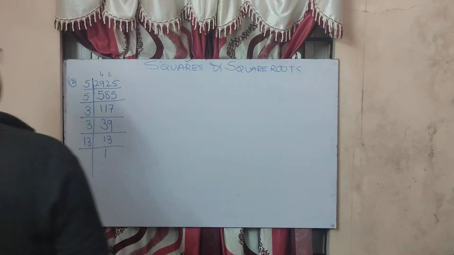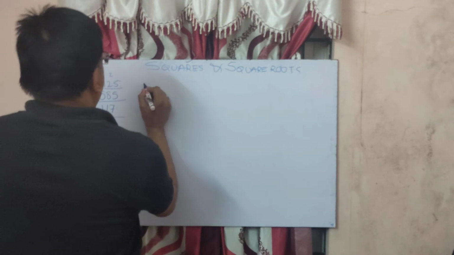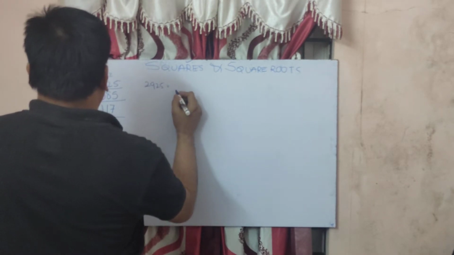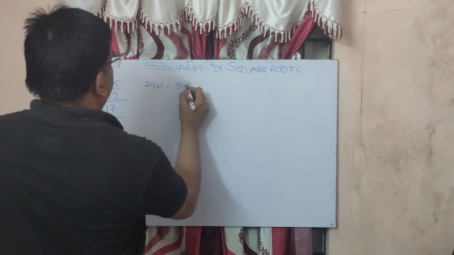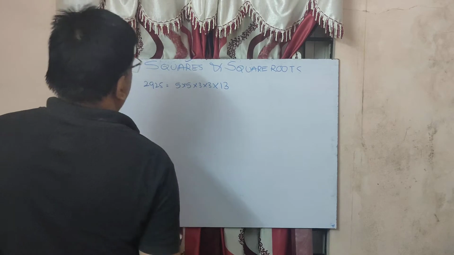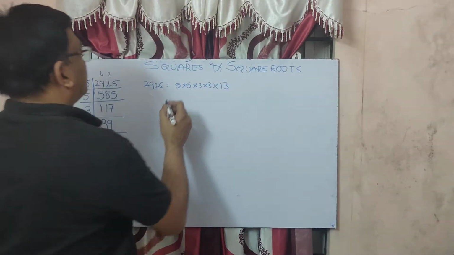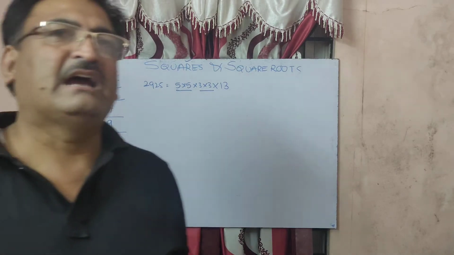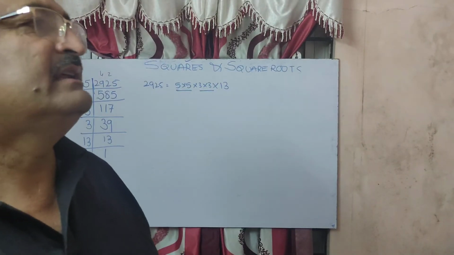So the factors of 2925 are 5 into 5 into 3 into 3 into 13. Now by looking at this, this is a pair and this is a pair, whereas 13 doesn't have any pair. 13 is a single number.